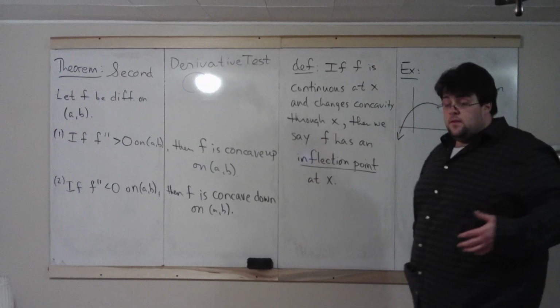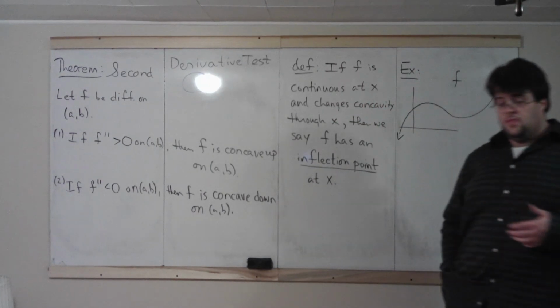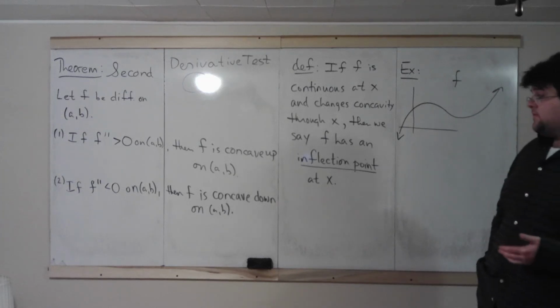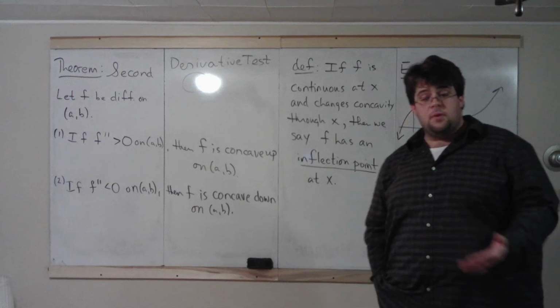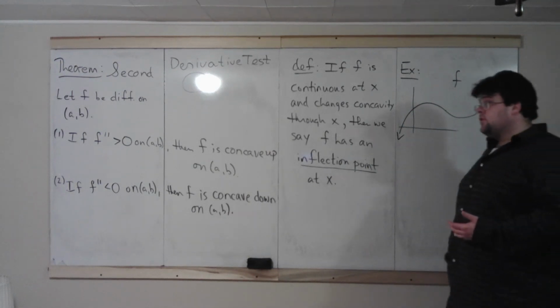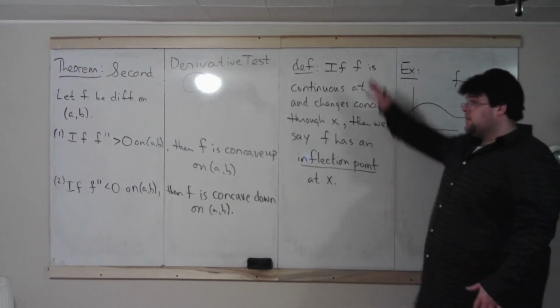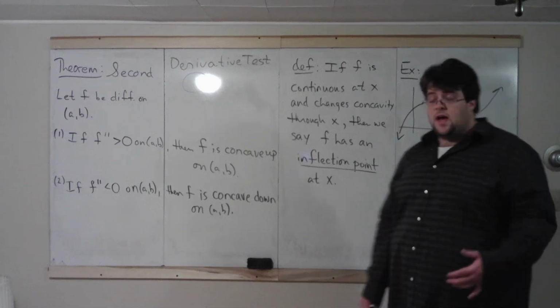But applying the first theorem to reach conclusions about the first derivative, we were able to see that when the second derivative was positive, the first derivative was increasing. And when the first derivative was increasing, we were in one of those two situations on that graph where we had concave up.